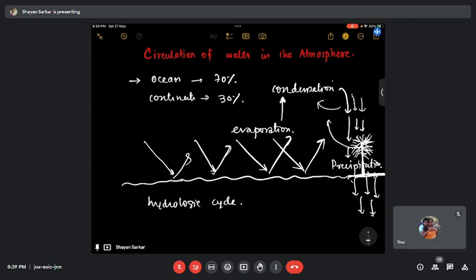Okay, so this process is called transpiration, and the combined effect of evaporation and transpiration is called evapotranspiration.